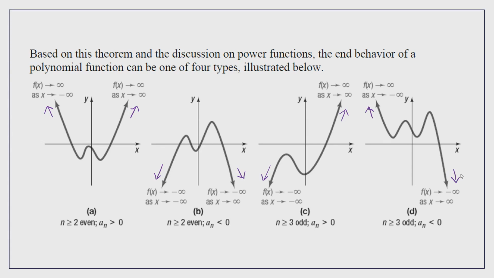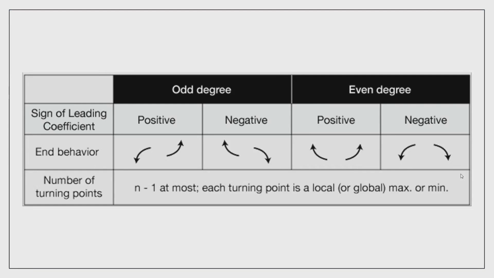Now, to show this in a different representation, I have a graph here. Depending on whether you have an odd degree or an even degree and the sign of your leading coefficient, you can identify the end behavior of your graph. If you have odd degree and a positive leading coefficient, then you go from negative infinity to positive infinity.